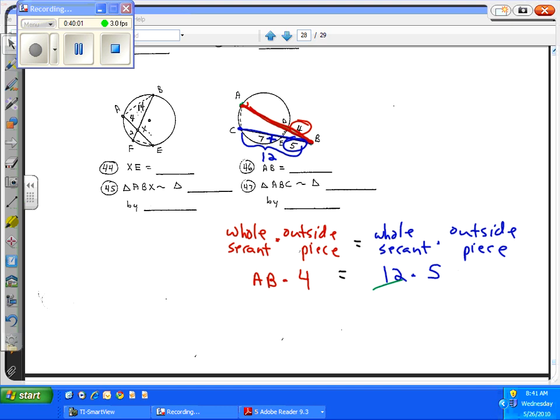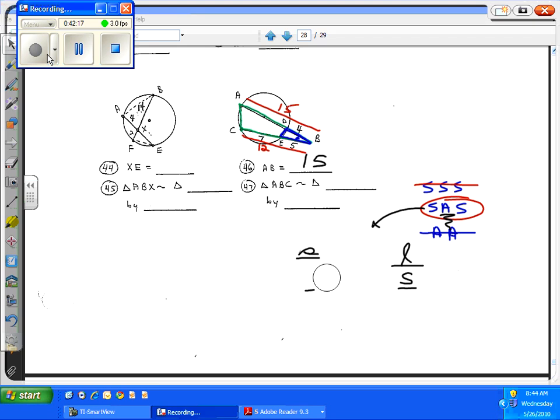We're going to multiply, and so we're going to have 4AB is equal to 60. Undo multiplication by division, and we get AB is equal to 15.